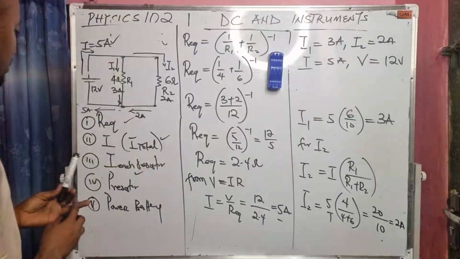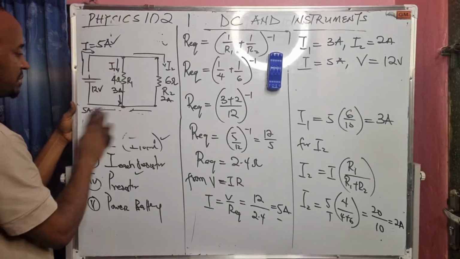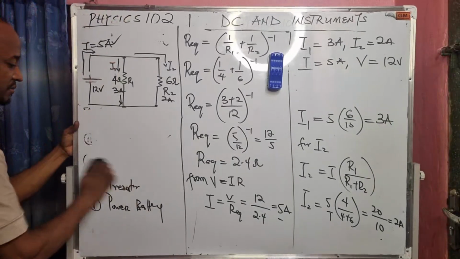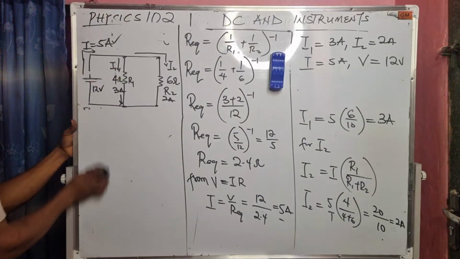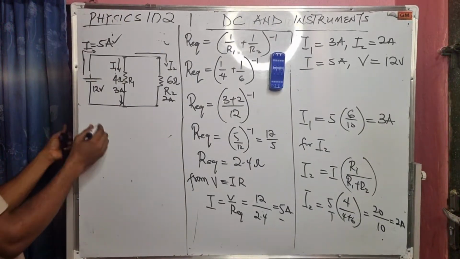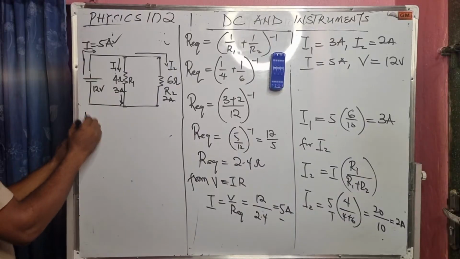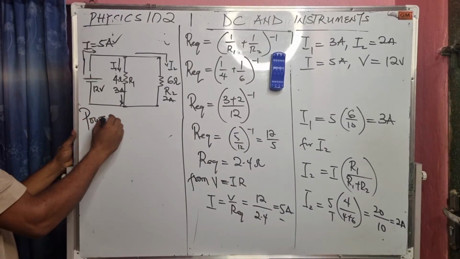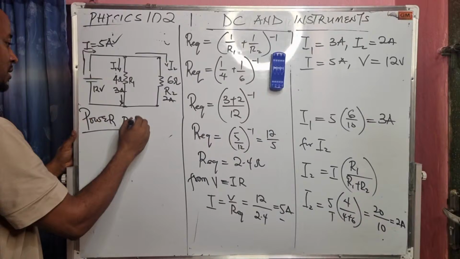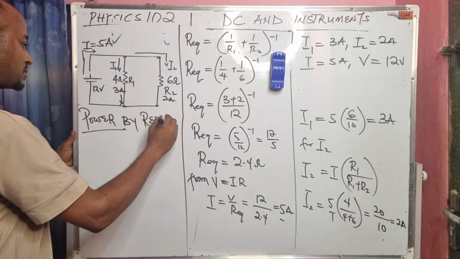So let's find power absorbed by each resistor.